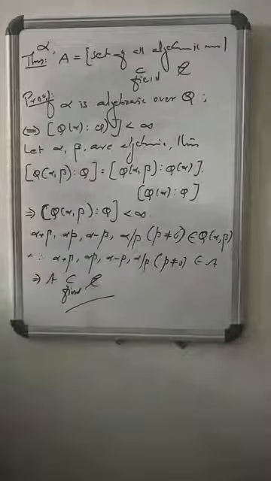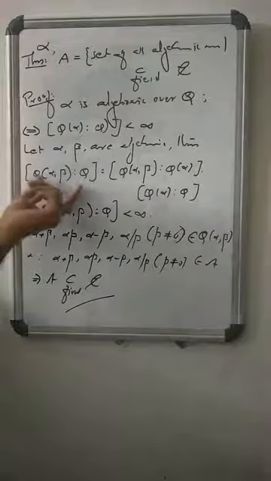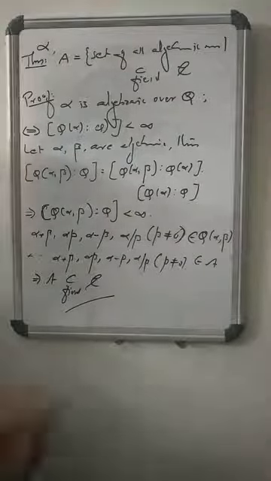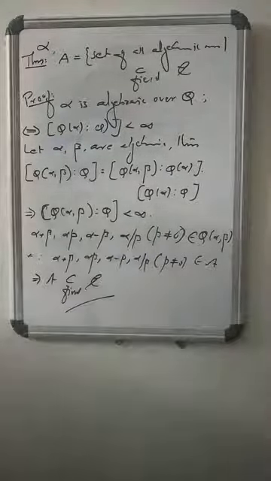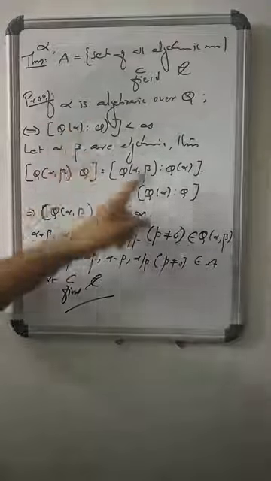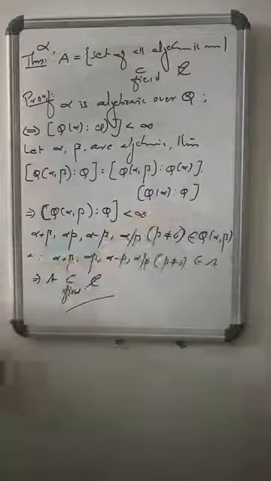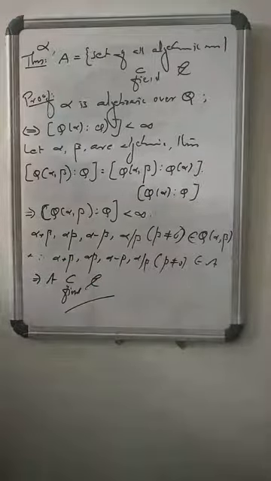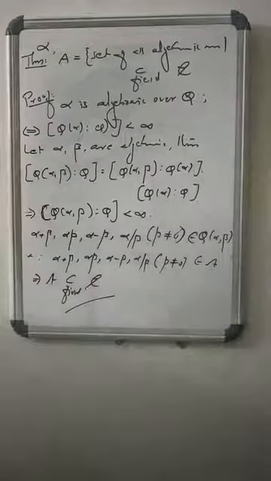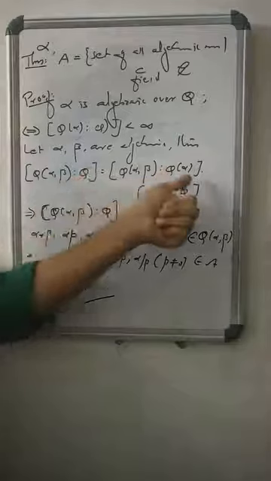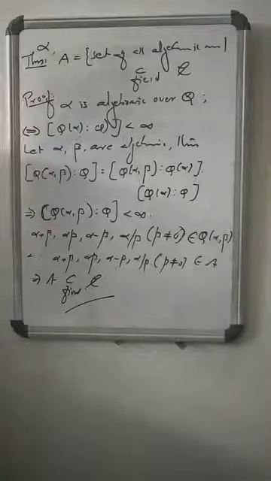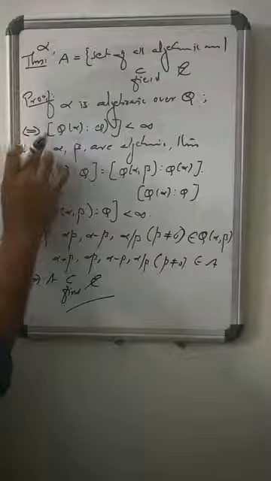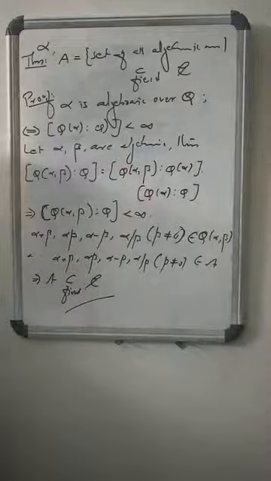So let alpha and beta be algebraic. Then the degree of Q(alpha, beta) over Q is the degree of Q(alpha, beta) over Q(alpha) times the degree of Q(alpha) over Q. Since alpha is algebraic over Q, the degree of Q(alpha) over Q is finite.